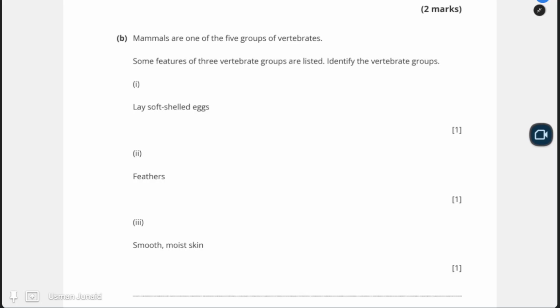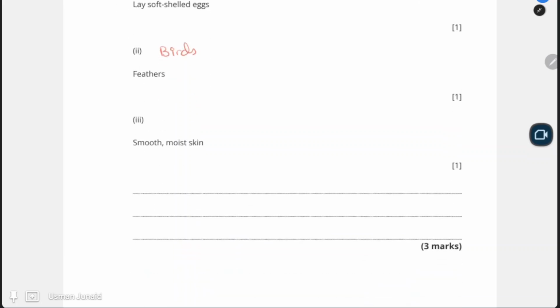Which one is the second one? Birds. Okay. Which one is the third one? Fish, I guess.